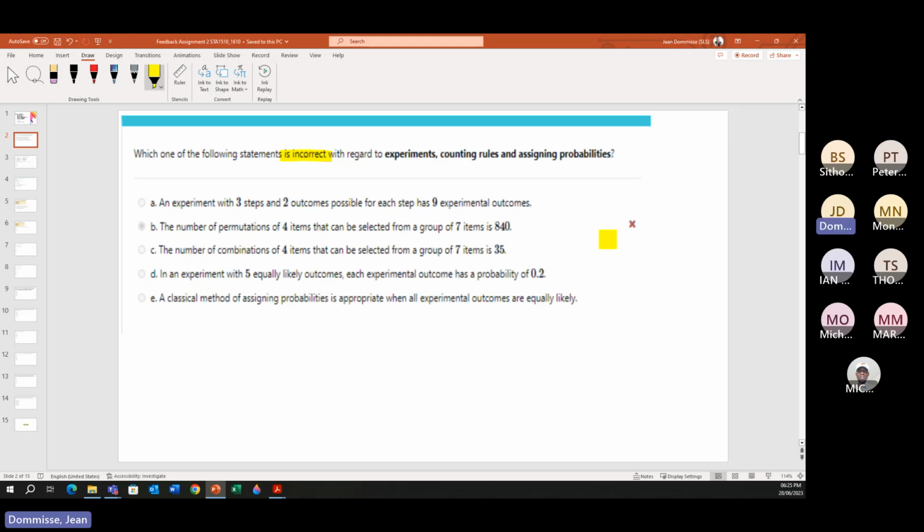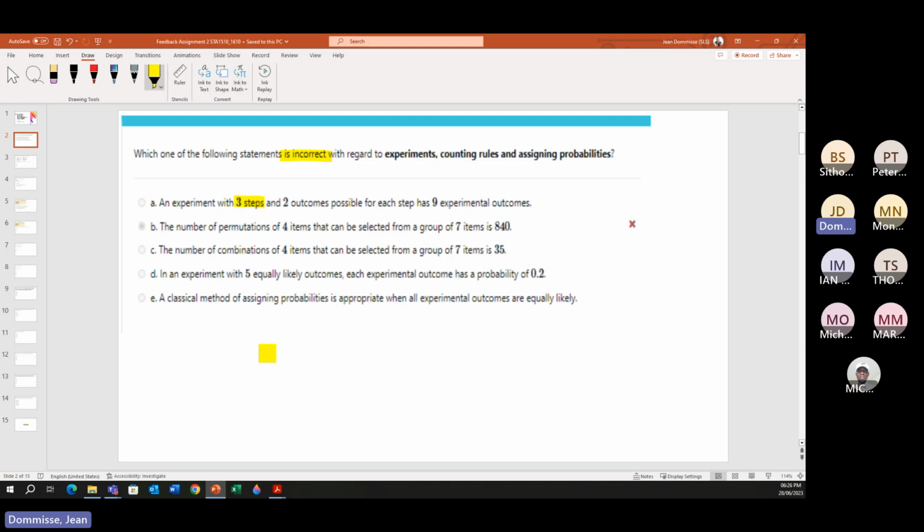So let's look at an experiment with 3 steps and 2 outcomes possible for each step has 9 experimental outcomes. Okay, true or false? Okay, so experiment with 3 steps.